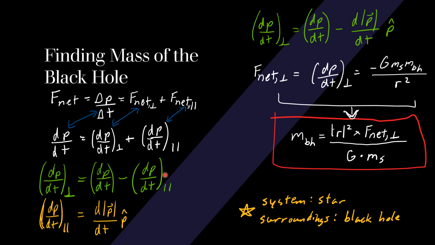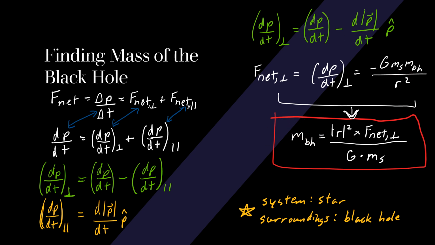So once we do that, which I have shown here in the top right, all of this we can solve for in our code. So we can substitute our net force in the perpendicular direction as being equal to this, and then set that equal to our gravitational equation, and then solve for the mass of the black hole shown here.